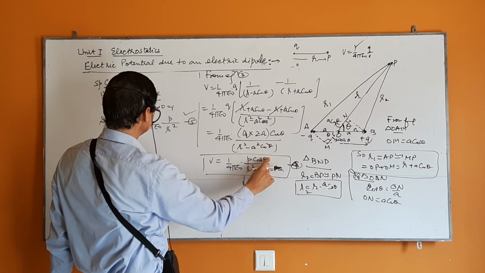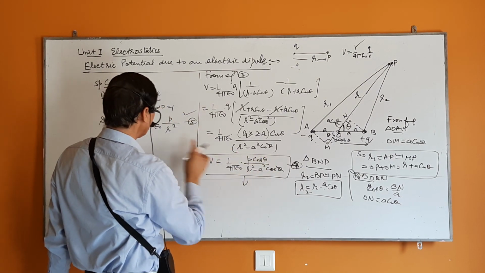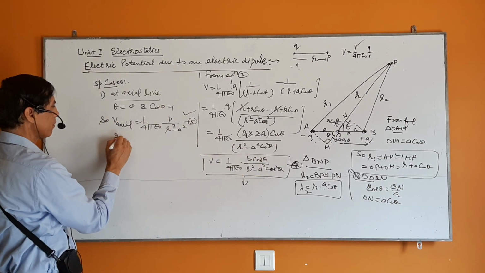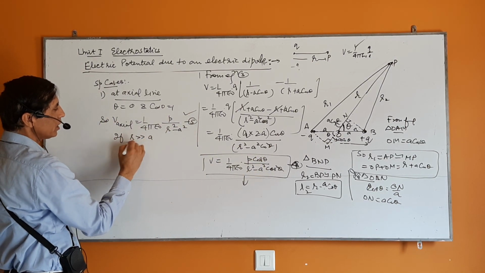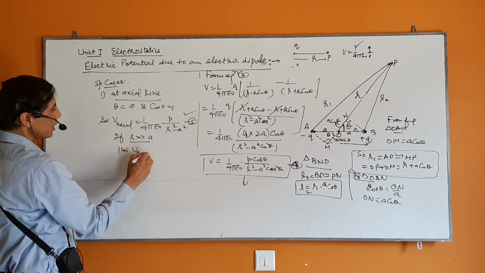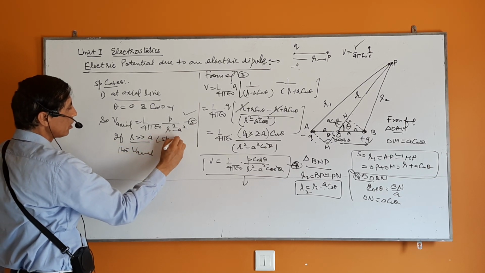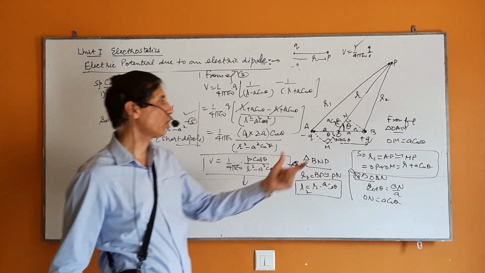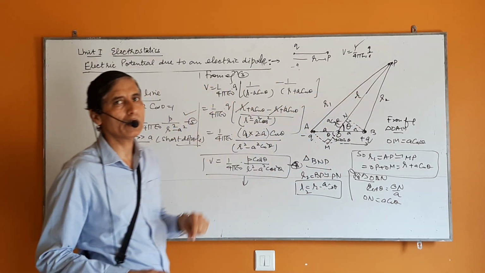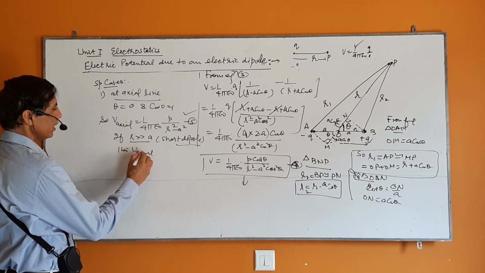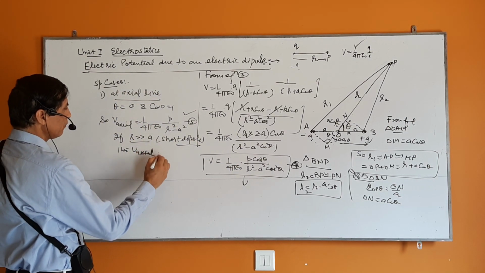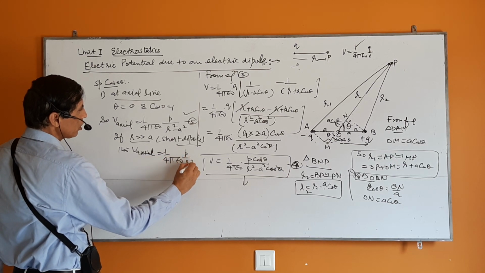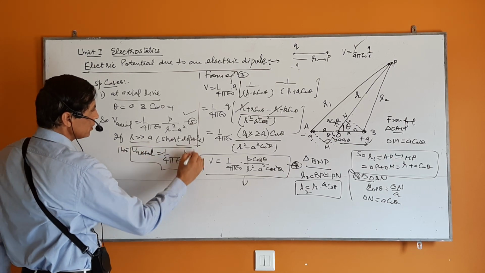Cos 0 is 1, and A square 1 हो जाएगा. If R is very much greater than A, then V axial in case of a short dipole, as usual dipole is always short. अगर dipole short है तो A R के comparatively बहुत small होता है और ऐसे केस में आप क्या लेंगे? That will be 1 upon 4 pi epsilon naught P upon R square. This is equation number 6.